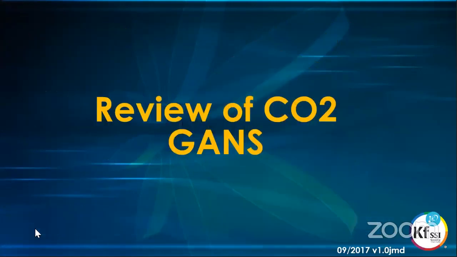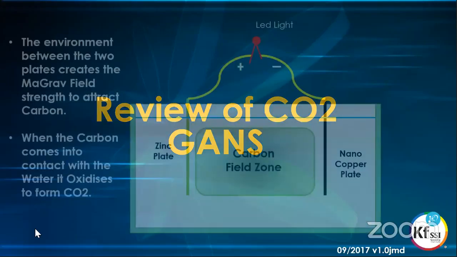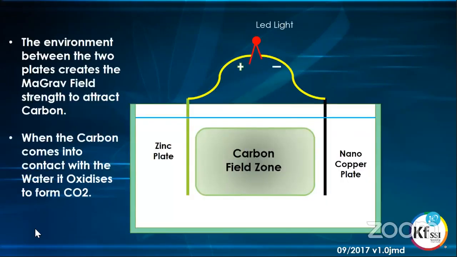Now, to go on to explaining the CH3, I'm going to review just one or two slides on how we made the CO2. With the CO2, we have our zinc plate and our nano copper plate, and we create an environment between the two plates.